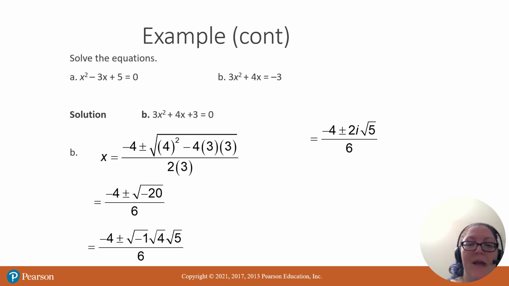Now, I'm doing this because I can pretty much take a peek at this and go, okay, this right here is going to become i. The square root of 4 is 2. And then 5 is a prime number that I cannot take the square root of, so it stays just like that. Everything else is going to stay exactly as is.